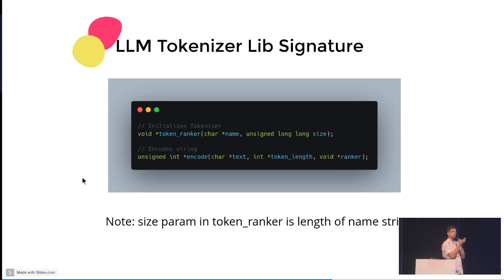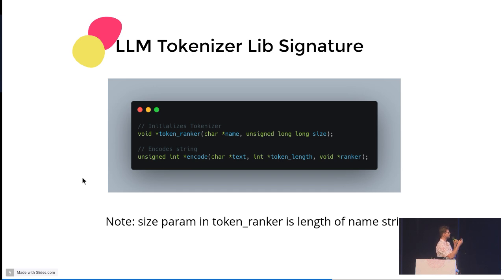The token ranker function will accept the name of the tokenizer, which sets up or initializes the tokenizer internally in Zig, and then creates an object, and the return value of this function is simply a pointer to that object.